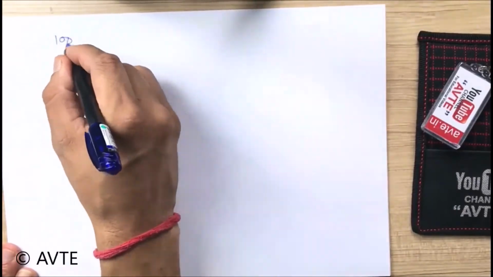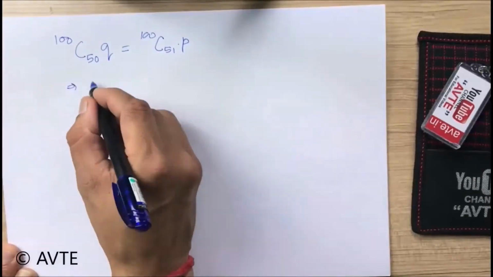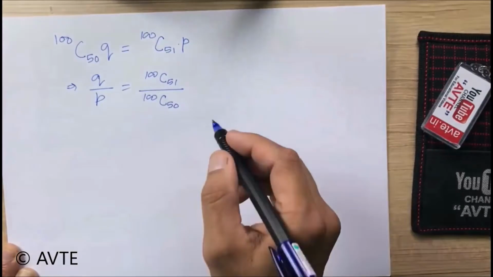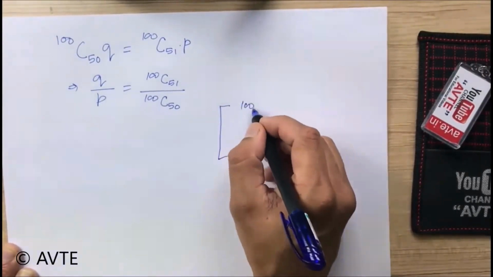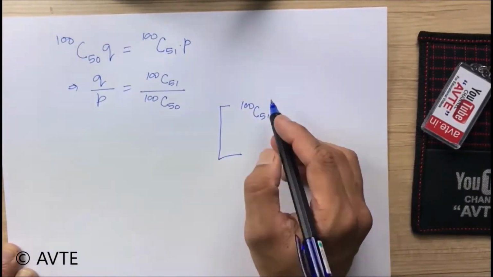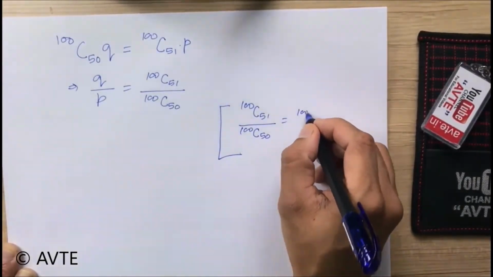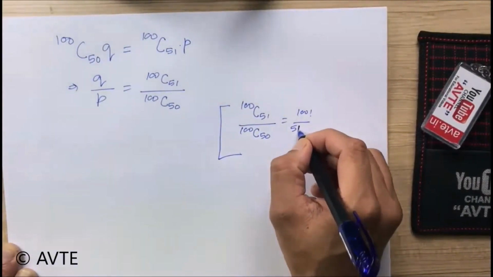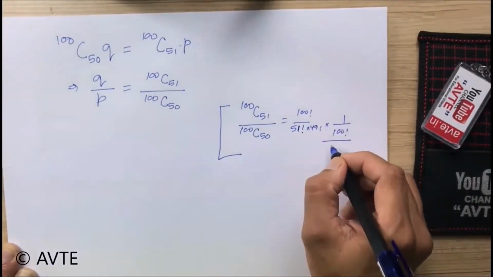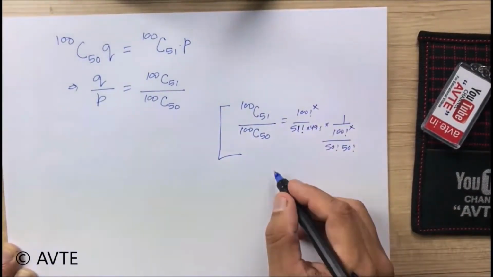So I'm doing the calculation for 100C51 divided by 100C50. Straight away, this 100 factorial will be cancelled.